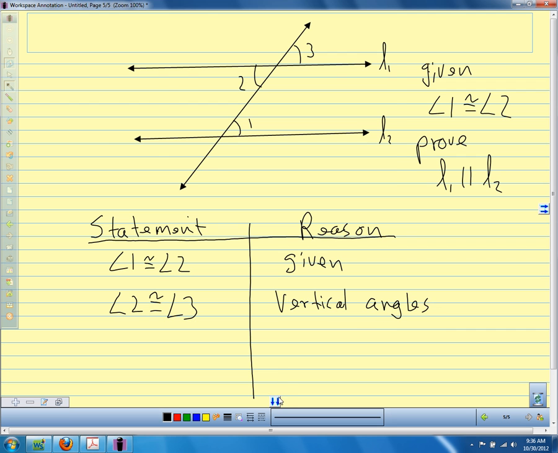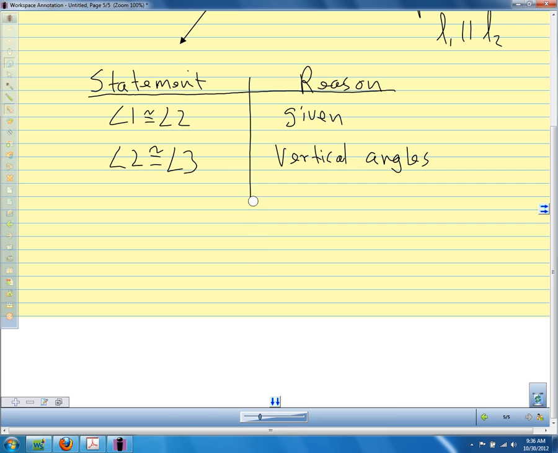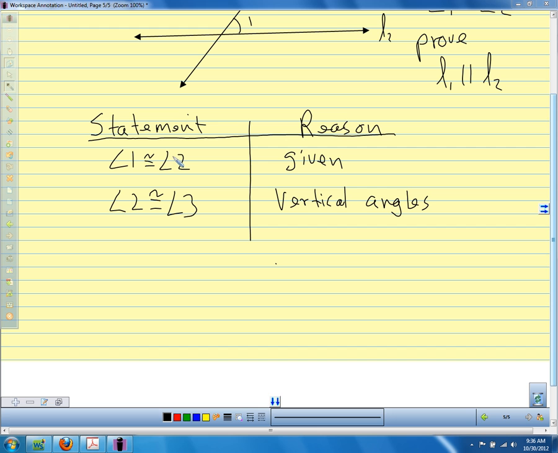So we're almost done. Now I'm going to take this and say angle 1 is congruent to angle 2, angle 2 is congruent to angle 3. So I'm going to say angle 1 is congruent to angle 3. So I'm putting these together in a chain. What was our reason when we put things together in a chain? One is congruent to 2, 2 is congruent to 3, so 1 is congruent to 3.